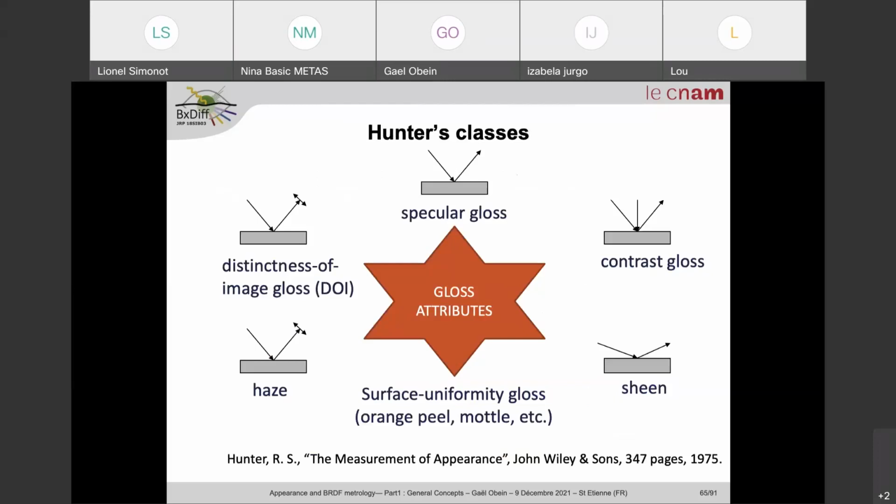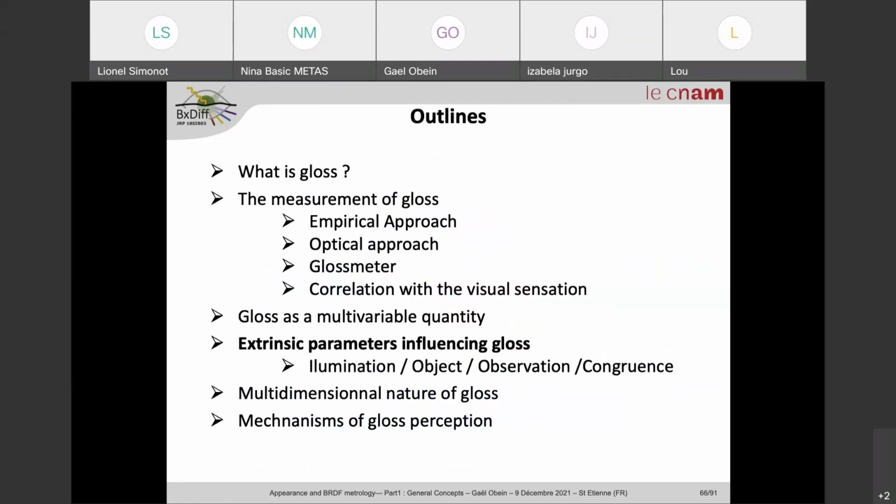He put forward the hypothesis that for gloss there are 6 different classes: the specular gloss measured with the gloss meter, the contrast gloss, the balls that I have shown you, the sheen, that is a special effect at very grazing angles that you can observe on textiles, the distinctness of image, which I talked about, the haze also, and the non-uniformity, mainly the orange peel, which is also a very characteristic effect that you can identify when you look at the surface.